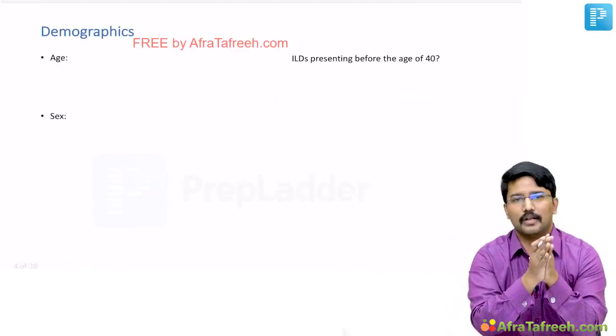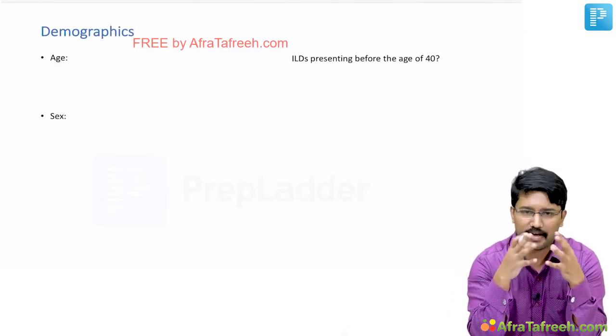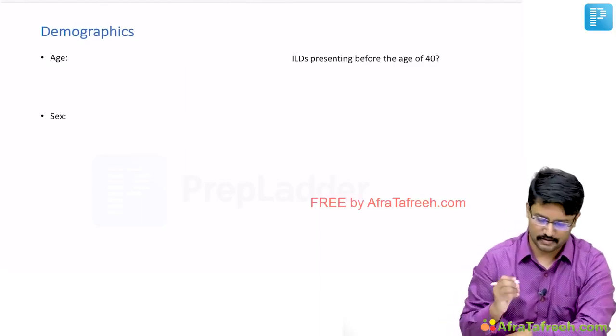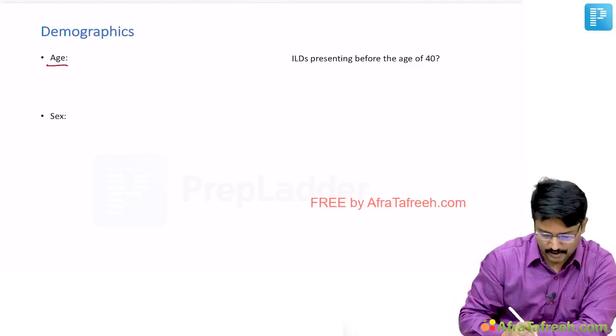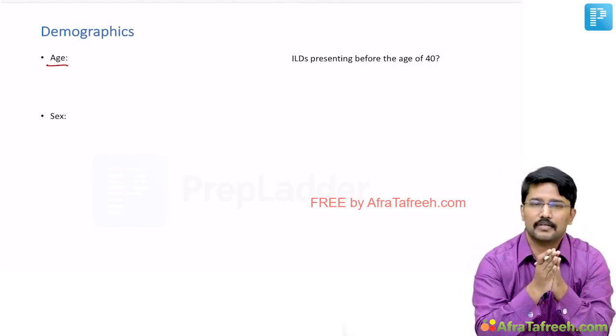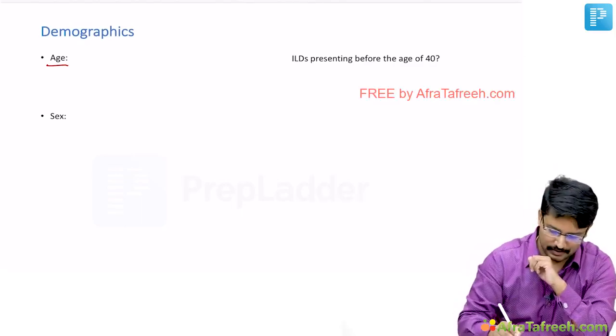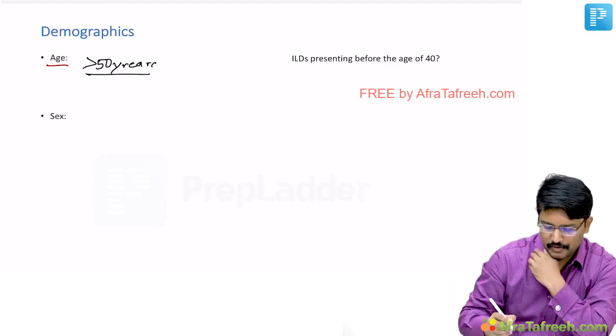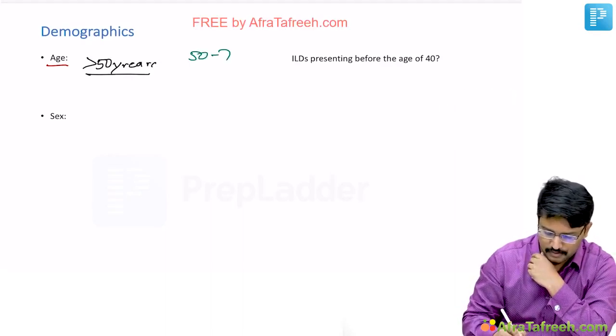Now let's look into the demographics or characteristics that help us in making a diagnosis of interstitial lung disease. To start with, age. Okay. Age is a risk factor, and the prevalence of interstitial lung disease increases with aging. Most of the ILD is present after 50 years of age. The usual age of presentation is between 50 to 70 years.